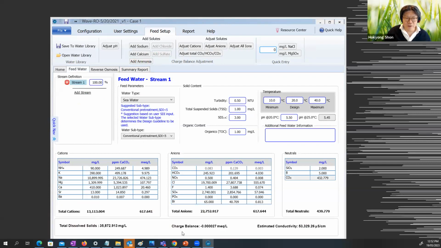We may need to adjust the balance of the cations and anions, just adding some sodium and chloride, so you don't have to worry about this kind of small change.